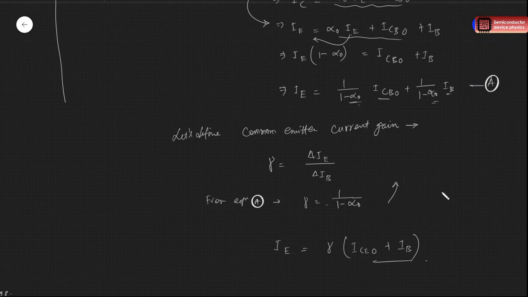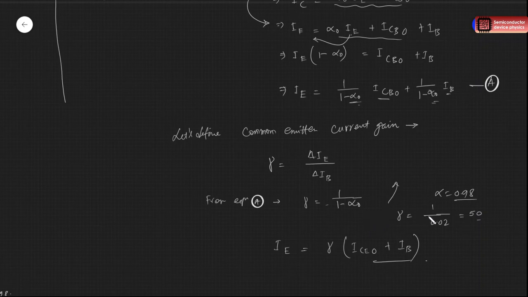Now if you see the value of gamma, how much will it be? If you take the typical value of alpha around 0.98, then the gamma value will be 1 by 1 minus 0.98, which is 1 by 0.02, so we'll get 50 here.